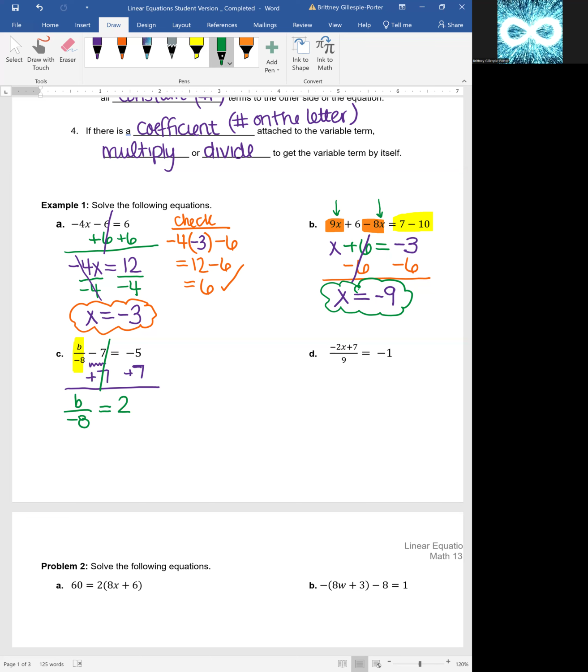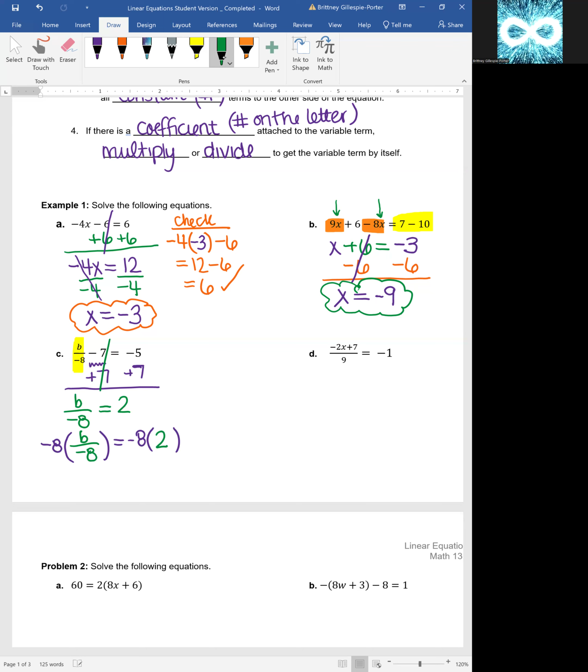If you notice, we have b over -8, which is b divided by -8. The opposite of division is multiplication. So we are going to multiply both sides of our equation by that -8 we're trying to eliminate.